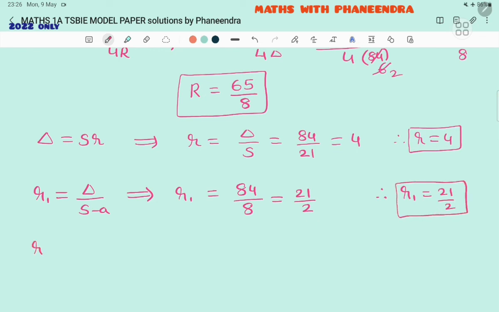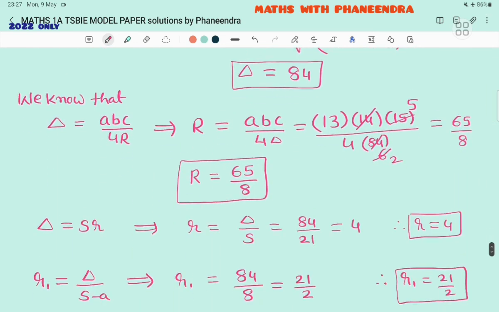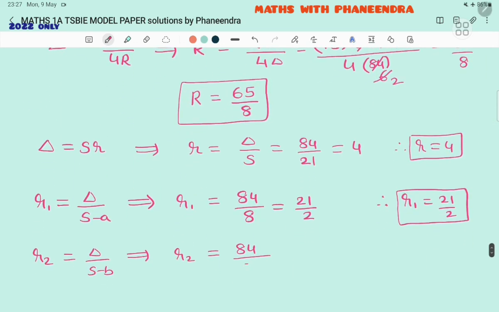Next, r2 is equal to delta by S minus b. That implies r2 equal to delta value 84 by S minus b value 7. 7 12s are 84. Therefore, r2 is equal to 12.